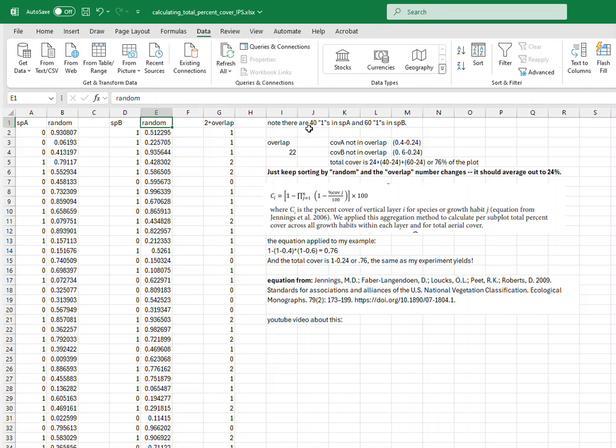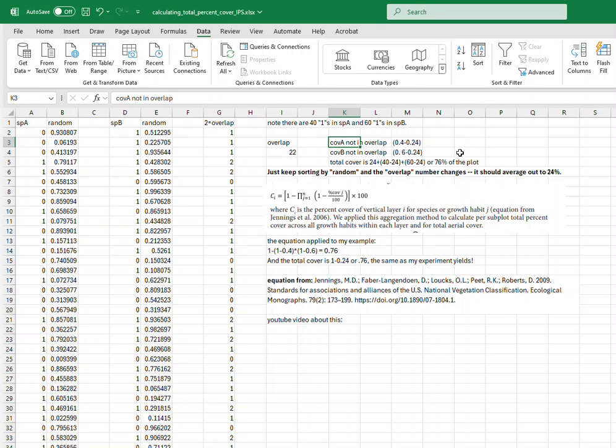So what does this do for us? Well, if this averaged out to 24, we know that species A occurs on 40% of the plot, because that's how we set it up over here. The amount of species A that's not in the overlap zone and doesn't co-occur with species B is 0.4 minus 0.24.